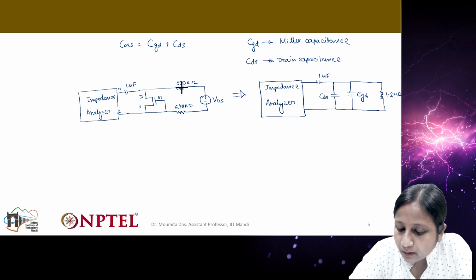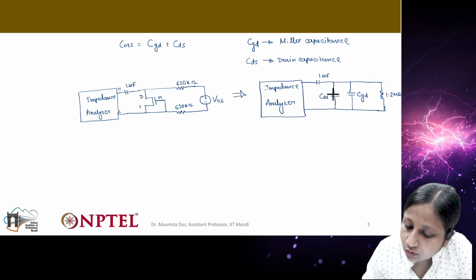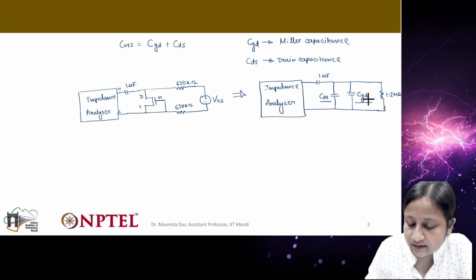So now in the impedance analyzer we'll see the output capacitance, which comprises two parasitic capacitances, CDS and CGD.